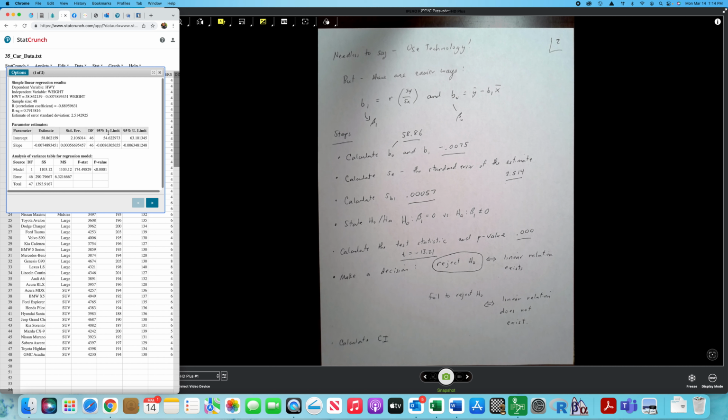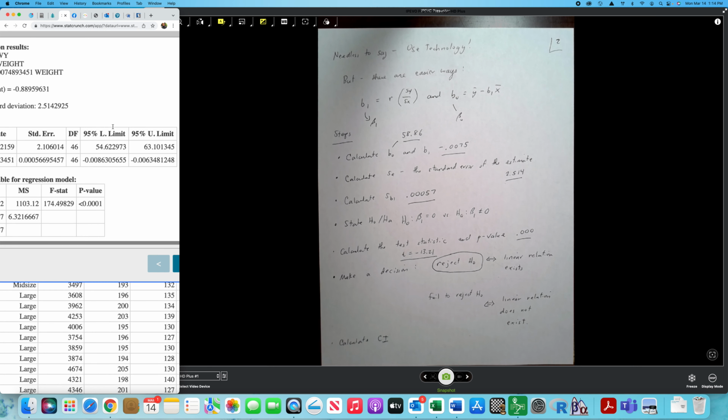So it looks to me like this is negative 0.0086 up to negative 0.0063.